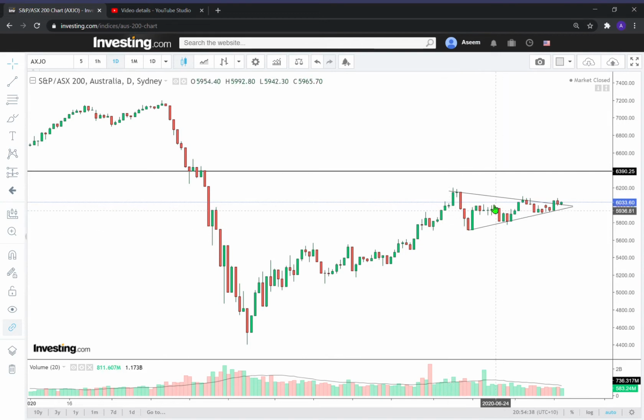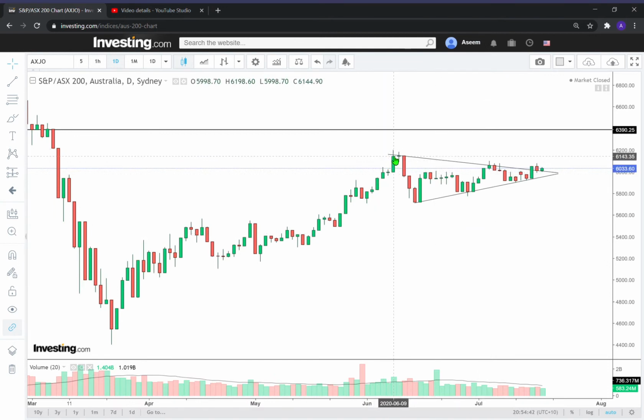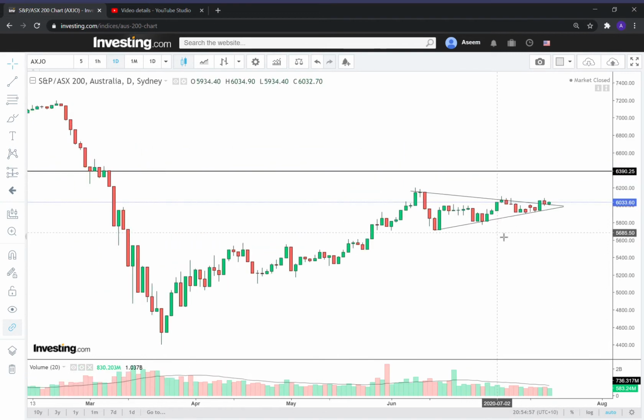So if you look at it, I've drawn two lines, and these two lines are basically joining the tops and the bottoms of these candles. So in technical analysis, we have certain things called continuation patterns and reversal patterns.